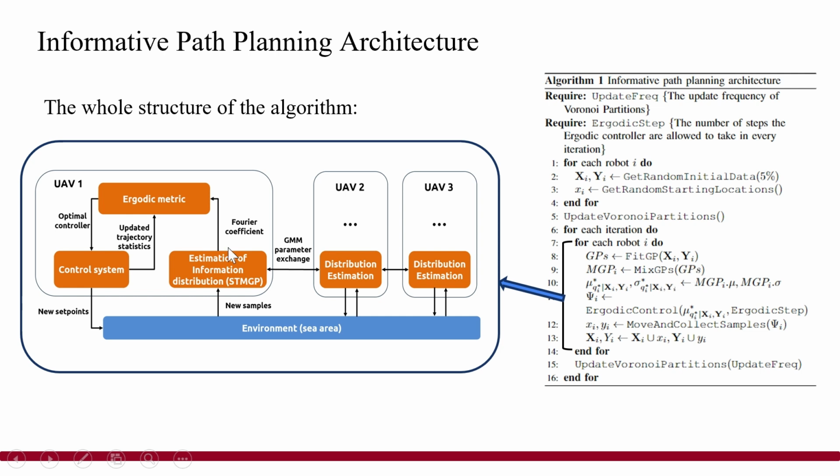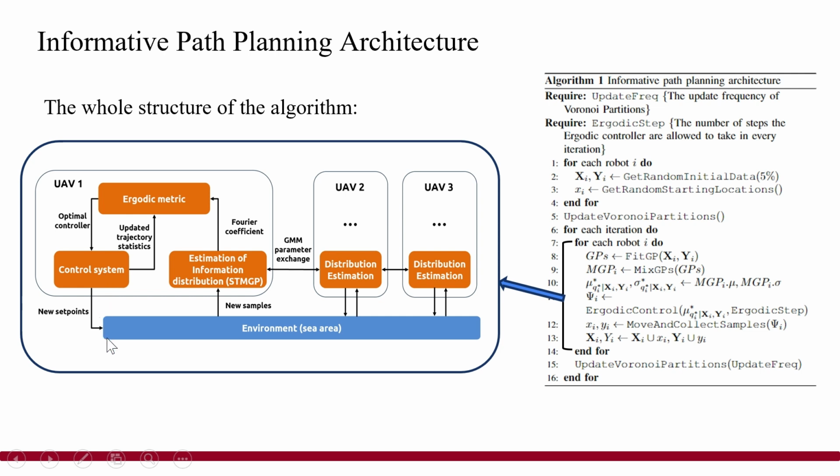Then, based on the predicted environmental information, which is the predicted mean value, and also based on the robot trajectories, each robot uses the ergodic controller to plan a route with a certain number of set points within its vulnerable cell.